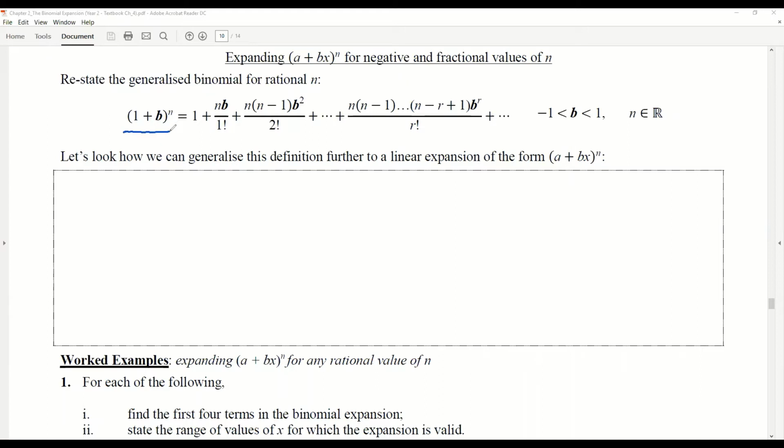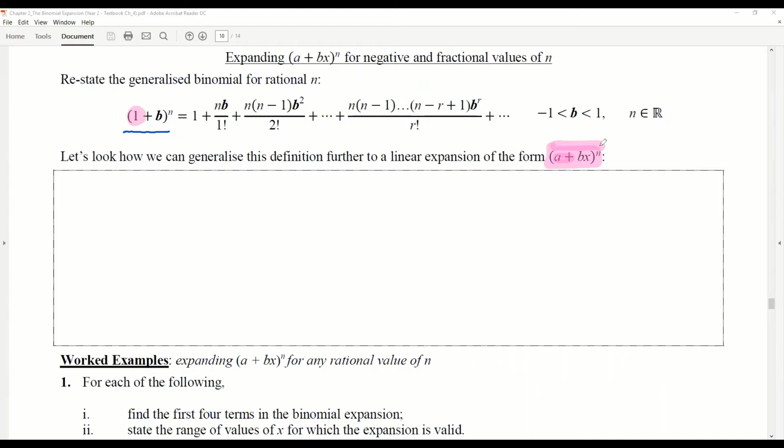We have been restricted so far with expanding a binomial to some power n, which could be negative or rational or both. But the constant term at the front is always 1. So we need to come up with a way of extending this definition so we can incorporate any constant, not just 1. And that's what we're going to do now.